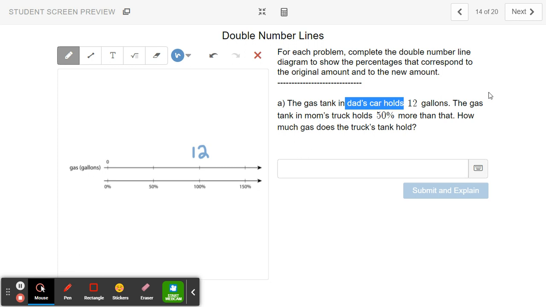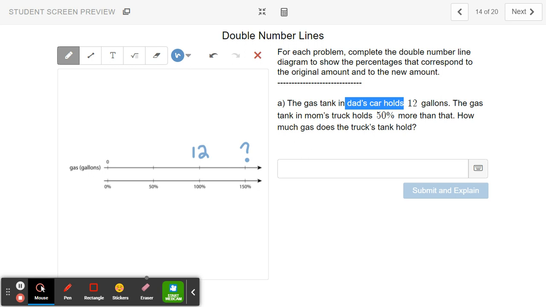The gas tank in Mom's truck holds 50% more than that. So if Dad's tank is 100%, Mom's tank is 50% more. So 100% plus 50, I'm looking for this amount here.